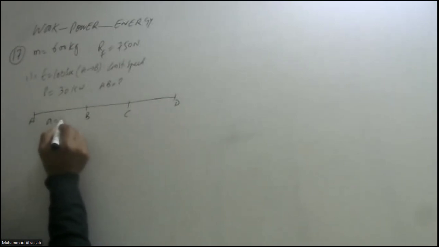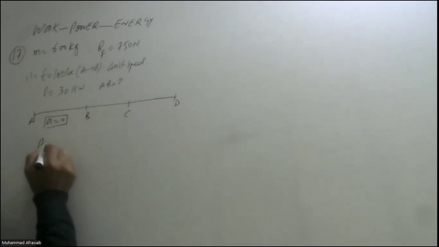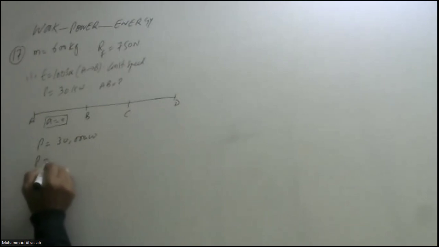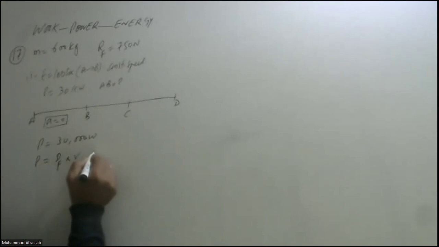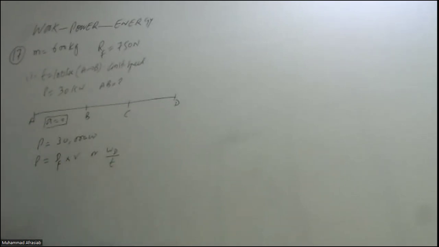Here, speed is constant, so acceleration is equal to 0. We know that power is 30,000 watts, and power is equal to driving force times velocity, or work done by the driving force over time.